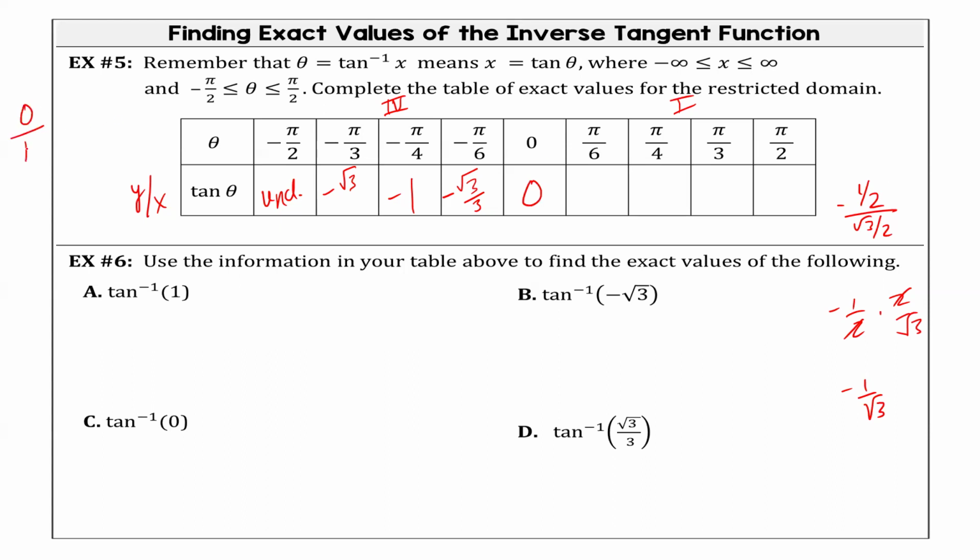Remember, it is okay to have 0 in the numerator, but it's a no-go for 0 in the denominator. So 0 in the denominator is undefined. In quadrant 1 it's going to be positive because everything is positive in quadrant 1. So this is going to be a positive 1, positive square root of 3, and then undefined.